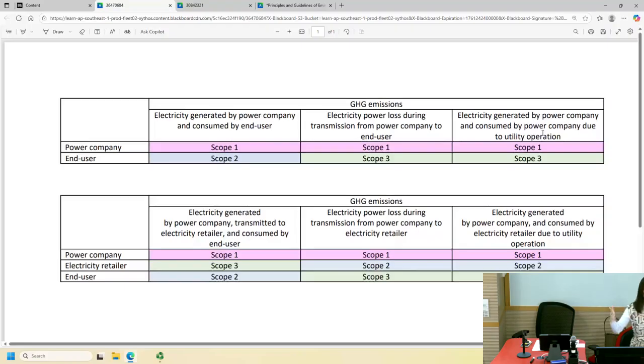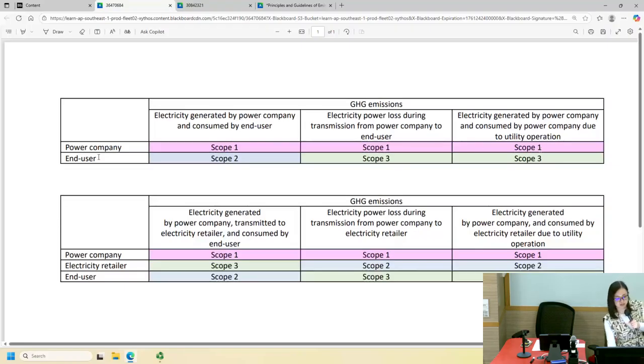Maybe just the office, the lighting, or the utility, those plants. And if this is electricity generated by the power company itself and then consumed by the power company also, this will be under scope 1 if you are reporting the emissions for the power company. Because these are the electricity generated within the power company and then consumed by the power company, so generated, and then it leads to direct emissions of carbon dioxide. Then within scope 1, all right?